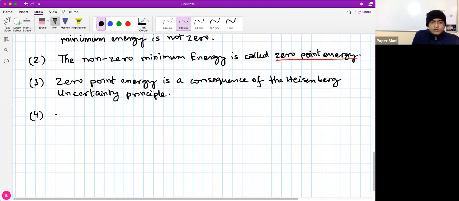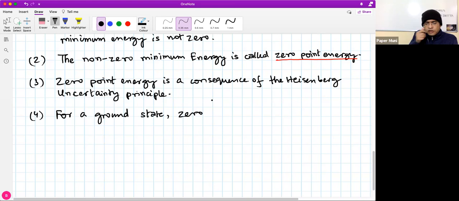Now for a ground state, zero point energy is equal to the ground state energy.